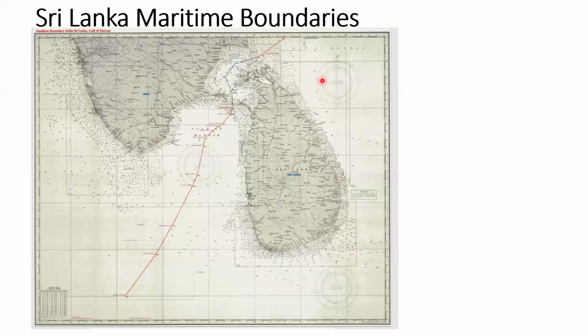When you look at island nations, the majority are very far away from other main countries. But in our case, this particular distance is somewhere around 45 kilometers, and in some places around 22 kilometers. That is what we call the Palk Bay. And this is the Gulf of Mannar, and the other main area is the Indian Ocean.